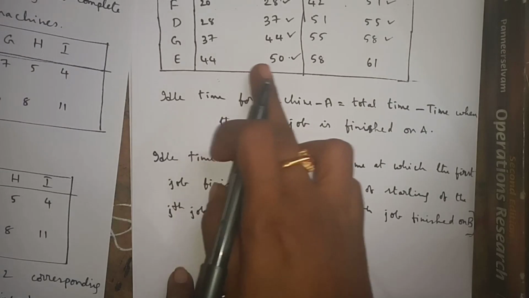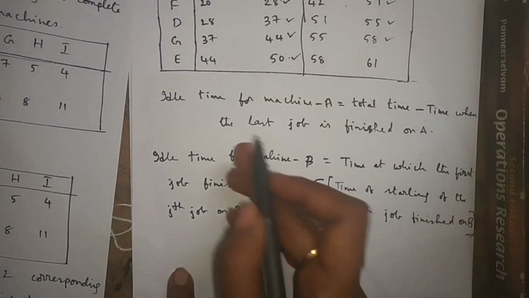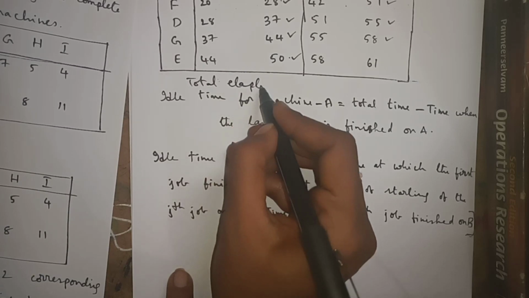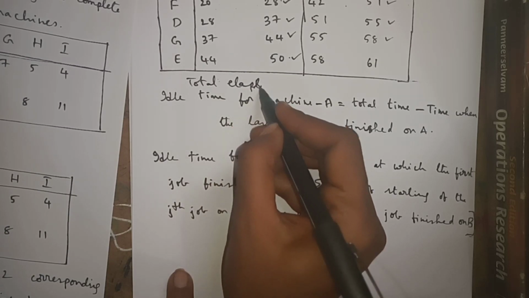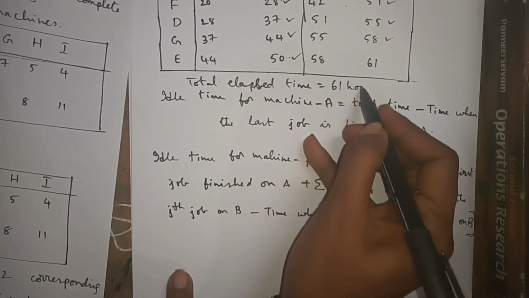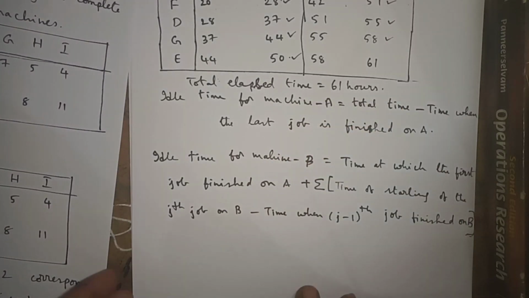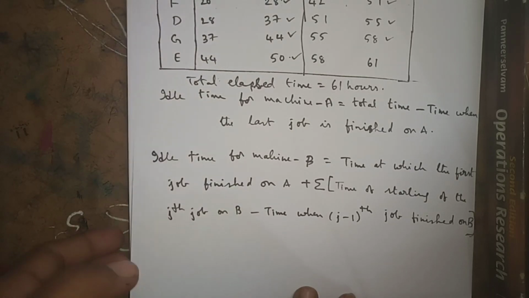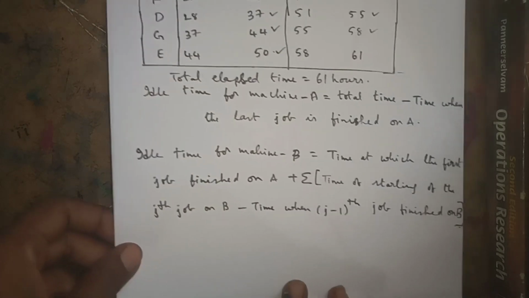Now the total elapsed time is equal to 61 hours. After that, idle time for machine A and idle time for machine B we have to find using these two formulas.